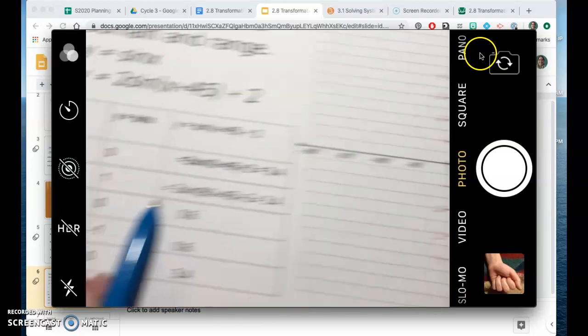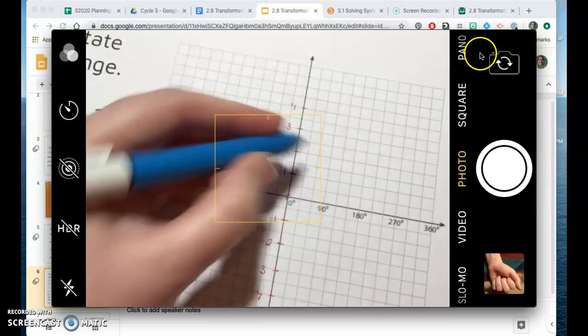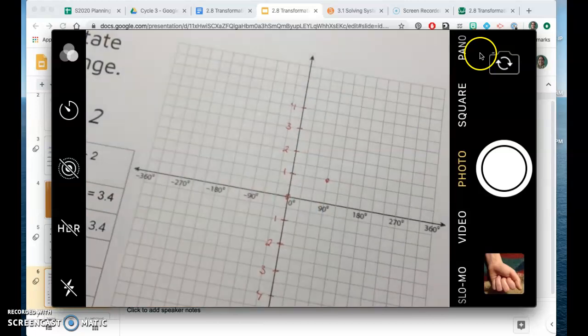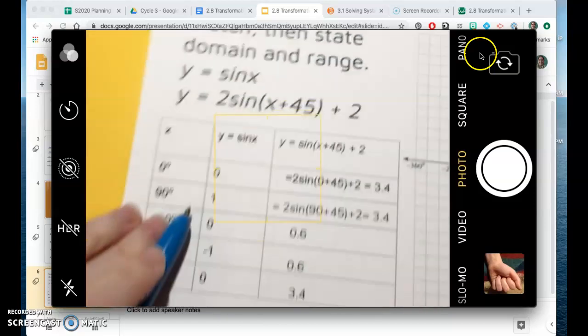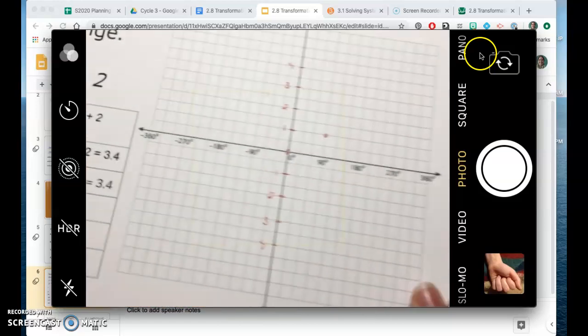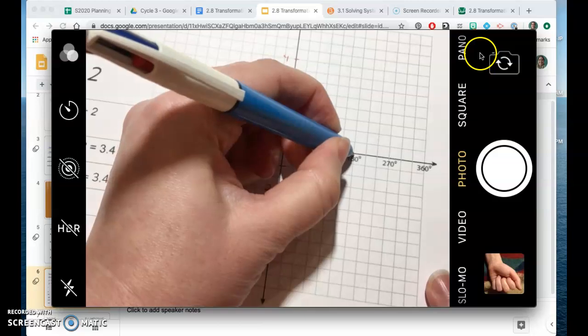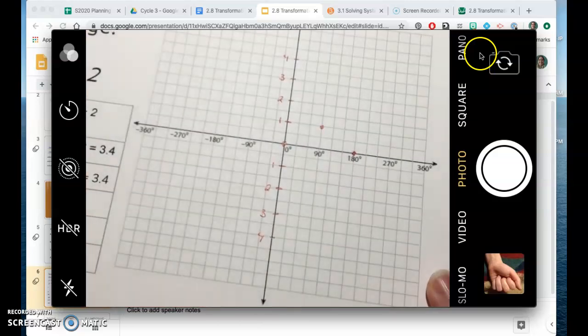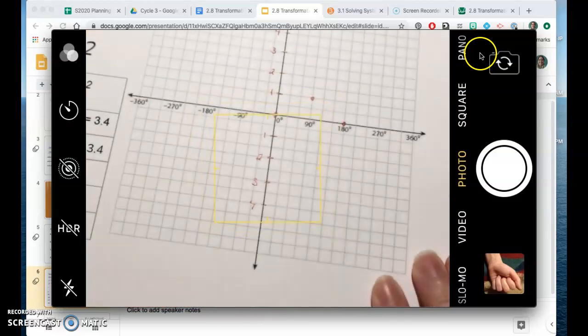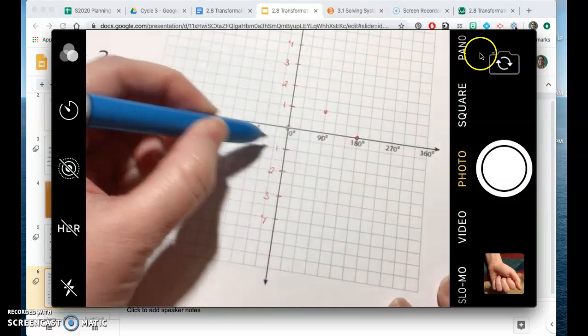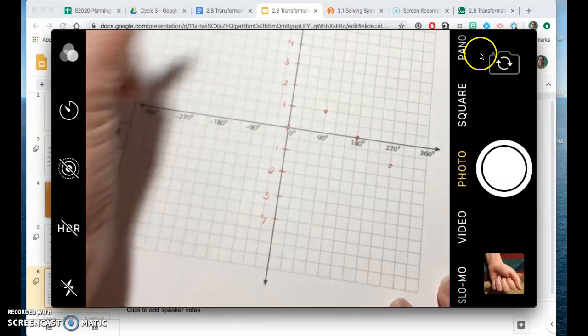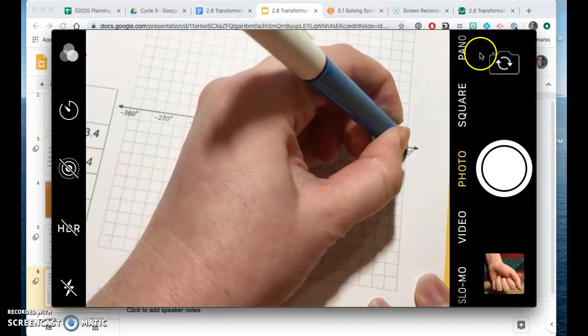Okay, so sorry. 90 and 1 was a point. And then we go to 180 and 0. And then my next point was 270 and -1. And then 360 and 0.